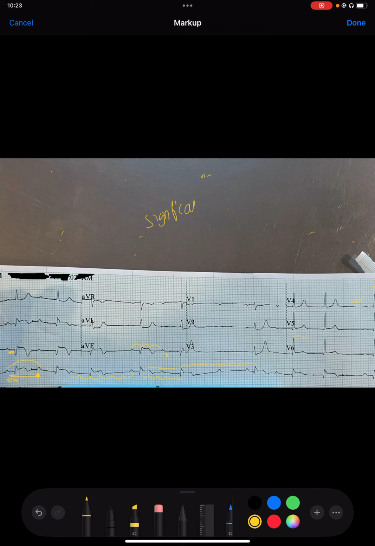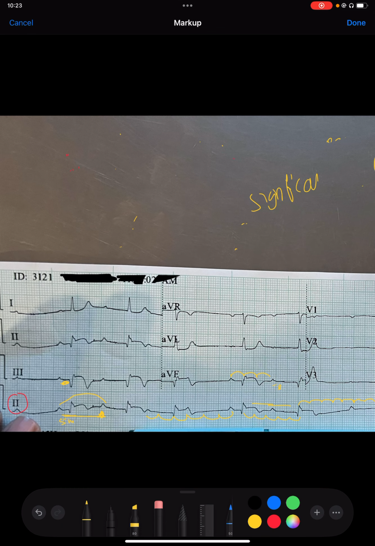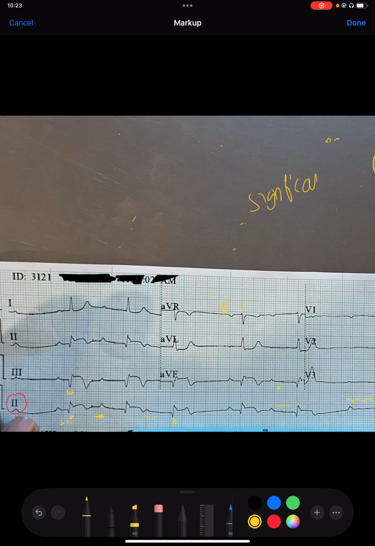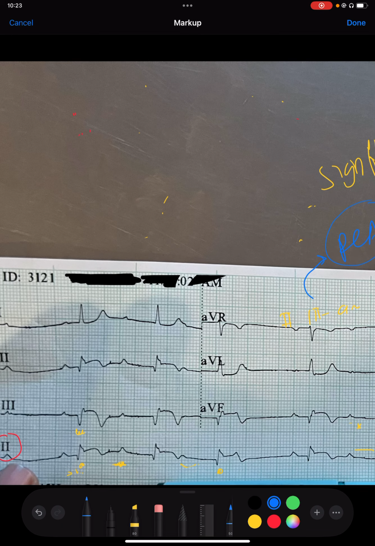So this falls under one of the best examples of complete heart block, and the reason is very clear-cut, as you can very nicely see that there is a prominent Q wave in leads 2, 3 and aVF, which signifies that there is involvement of the right coronary artery. And you can very clearly see that there is ST elevation.